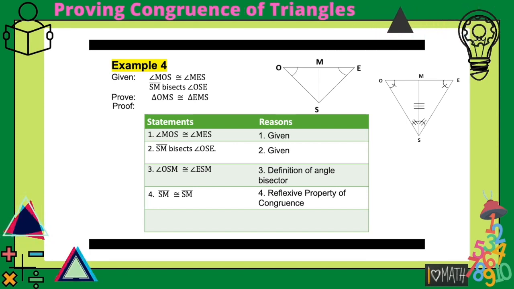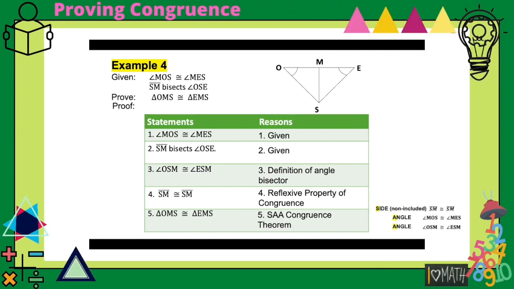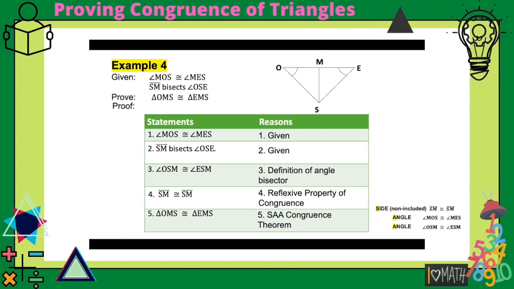Take note, segment SM is a common side of the two triangles. Segment SM is equal to itself. Since the two angles and the side opposite one of the angles in triangle OMS are congruent to the corresponding two angles and the side opposite one of the angles in triangle EMS, then the two triangles are congruent by SAA congruence theorem or AAS congruence theorem.